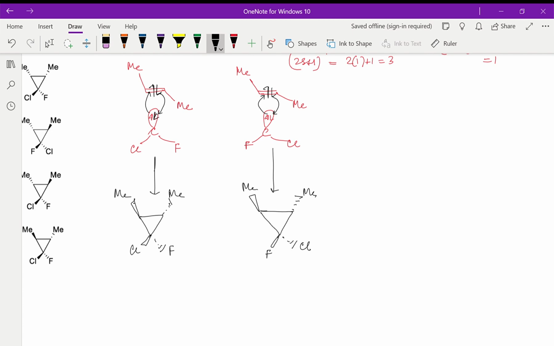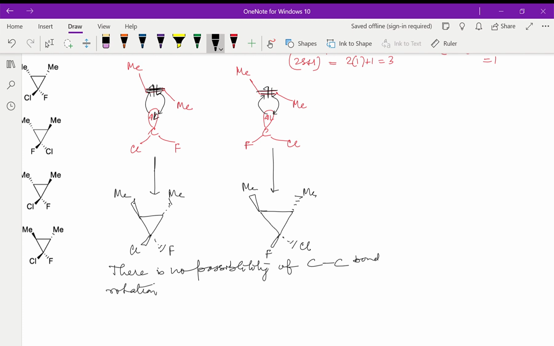But when we have a singlet, there is no possibility of CC bond rotation.